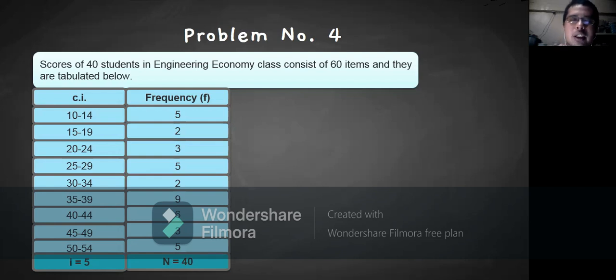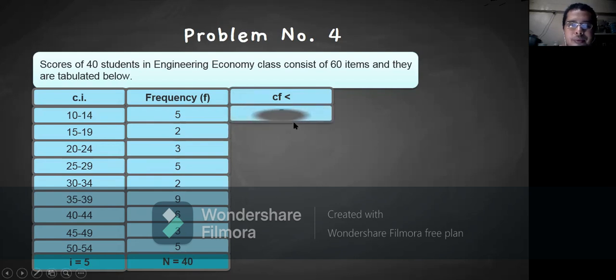Then we're going to solve the cumulative frequency, of course, in increasing order. First, you're going to copy 5 here. To get the cumulative frequency next to 5, just add the next frequency below, so 5 plus 2 becomes 7.